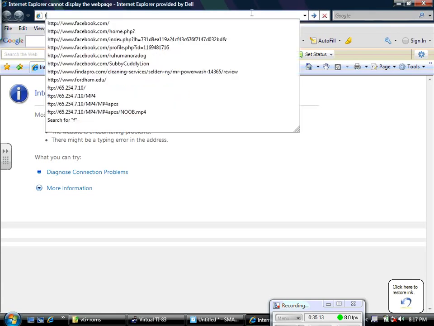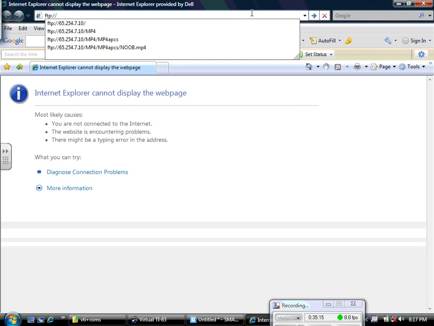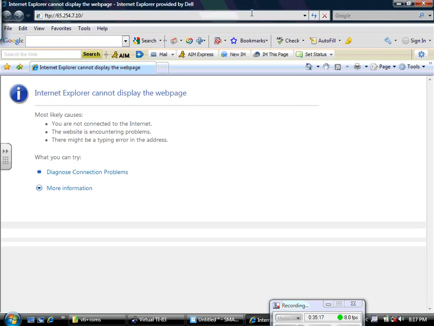If you go to FTP, and it takes a moment sometimes to wake up my little FTP server at school. Come on, wake up. Oh wait, I don't even have the internet on. All right, forget I did that. Okay, yeah, okay. I can't do it on here because I didn't set up the internet.